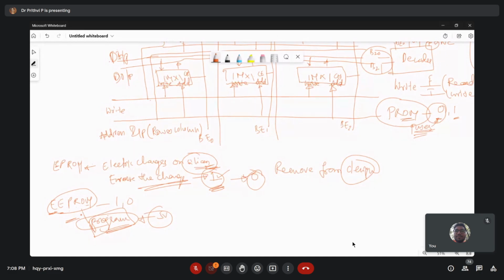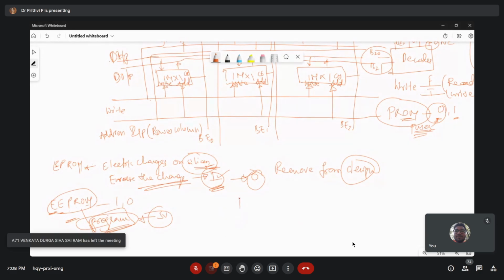Now, another format: we don't want to redo the Boolean equations again and again. We want to have some set of predefined functions available that will make my design simpler.